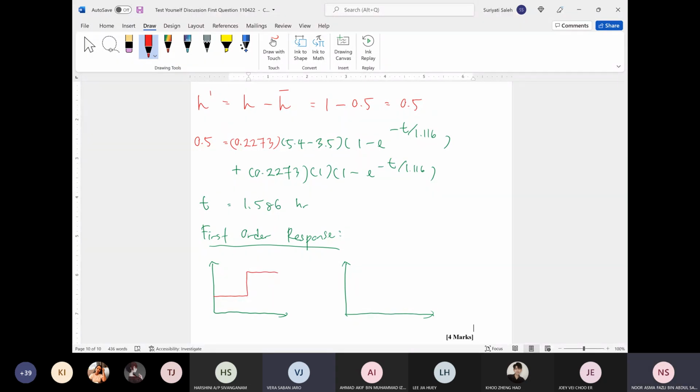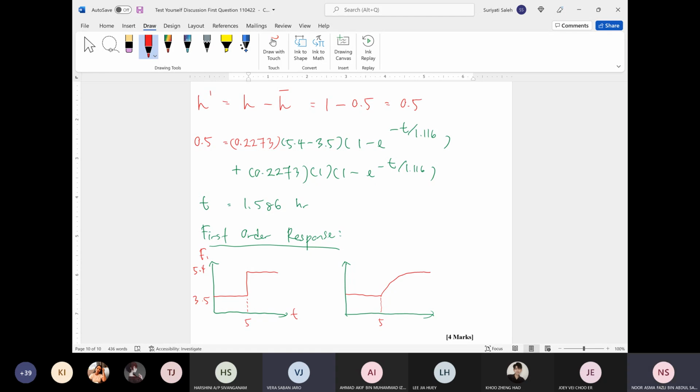So let's say in this case, this is your F1, and then versus T. F1 originally at 3.5, and then it will be changed to 5.5 at T equal to 5 minutes. So in this case, that means the response will start to change after 5 minutes. So this is your 5 minutes. So this is your response, where this is the typical first order response. It will steadily increase and reach the final value.